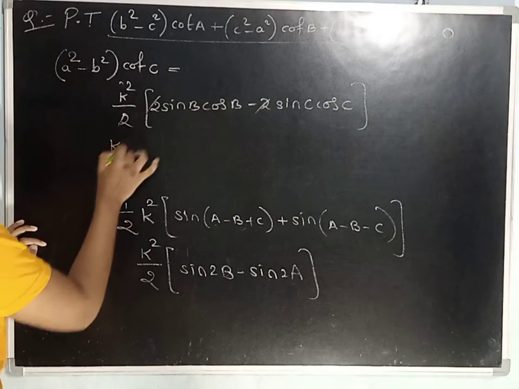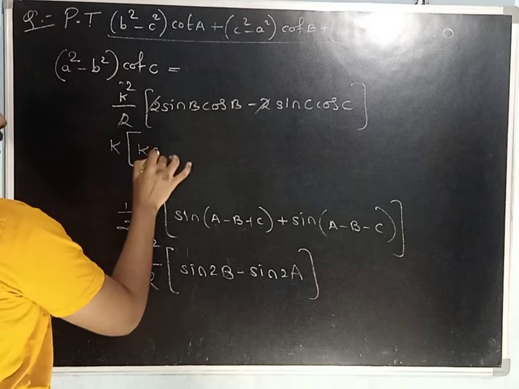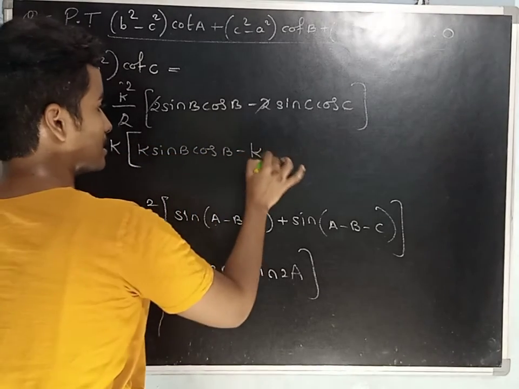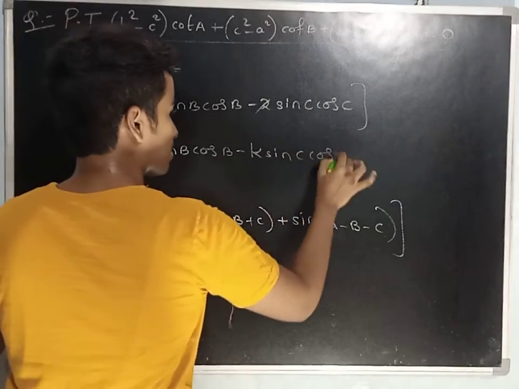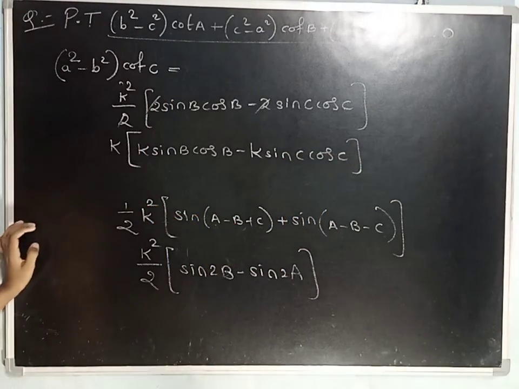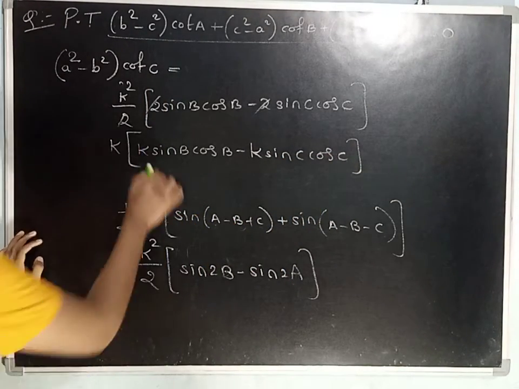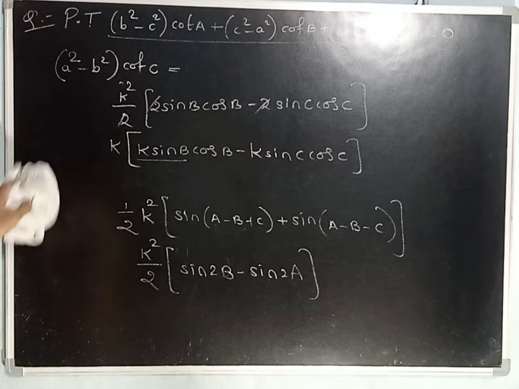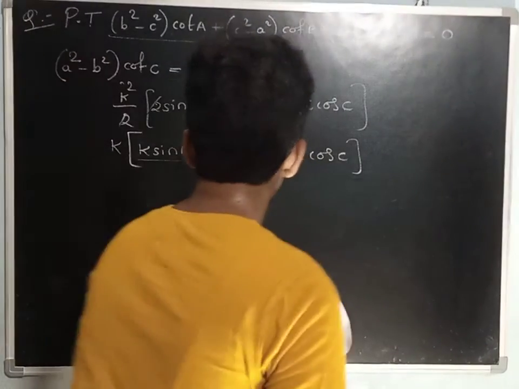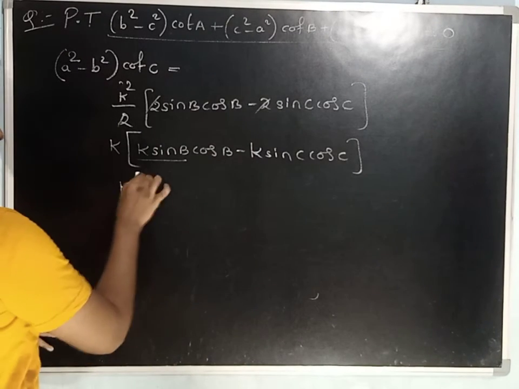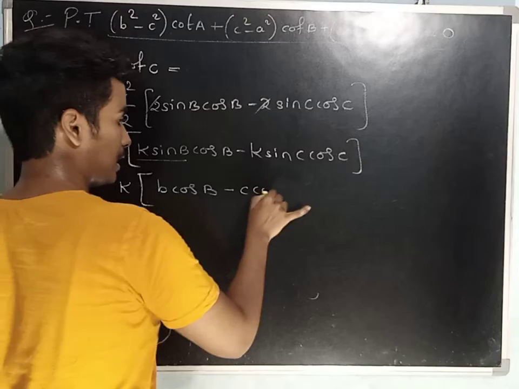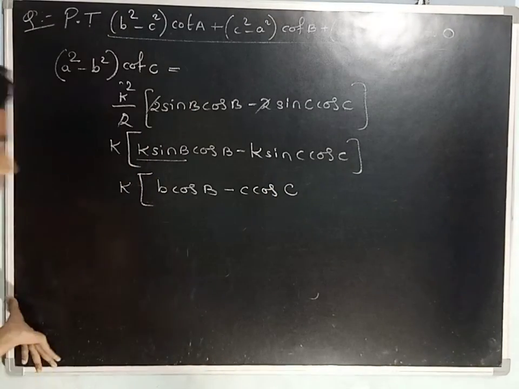The 2 gets cancelled. K into k sine b cos b minus k sine c cos c. K sine b is nothing but b. So we get k into b cos b minus c cos c.